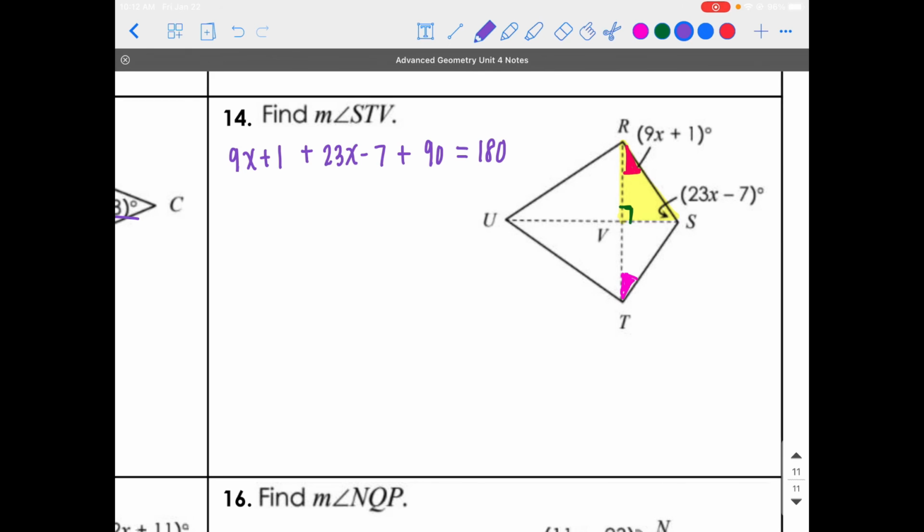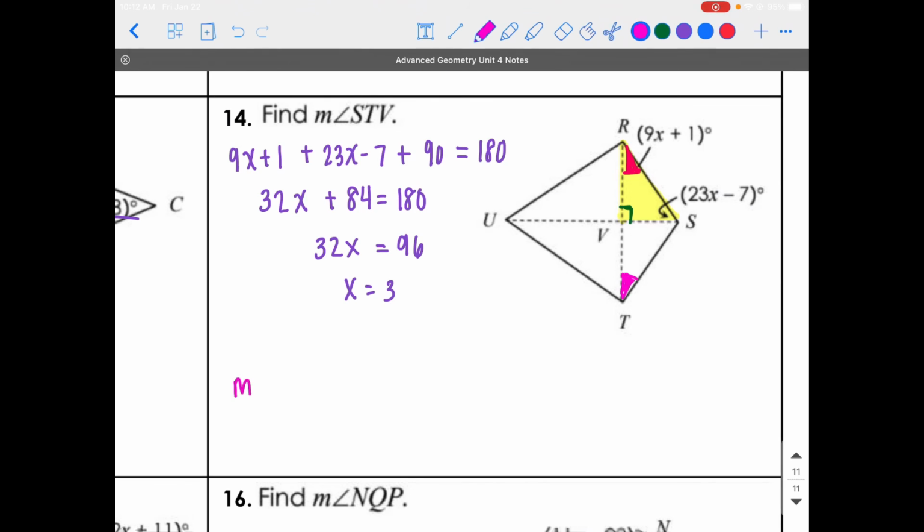So go ahead and try to solve this one. If you paused the video and worked it out, you should get x equals 3.